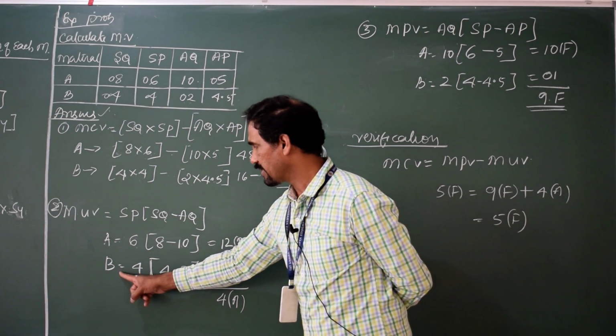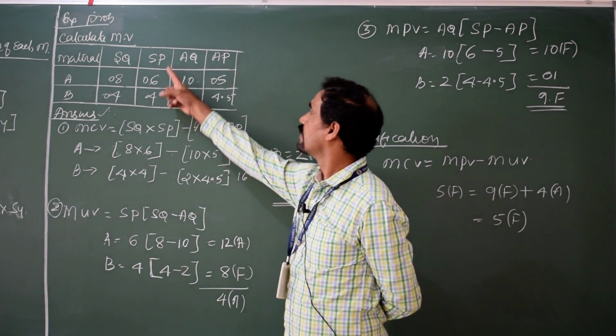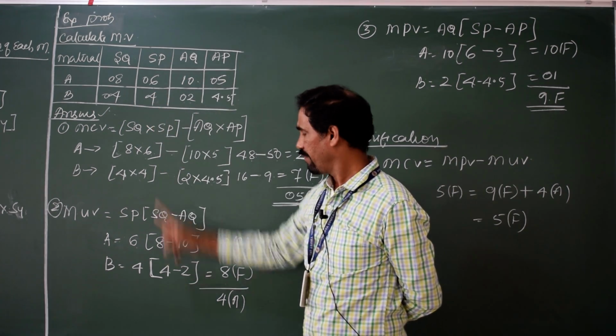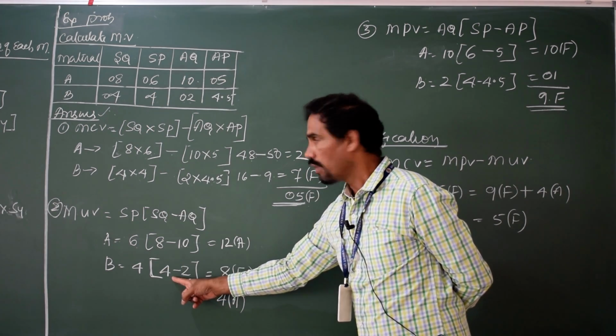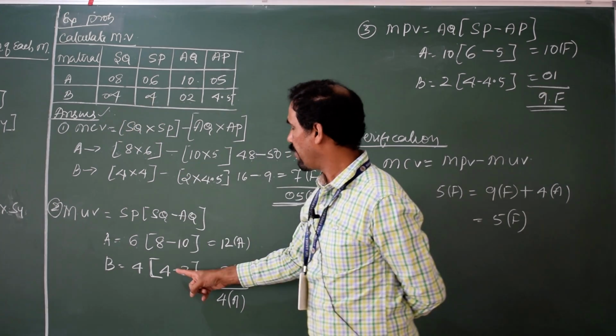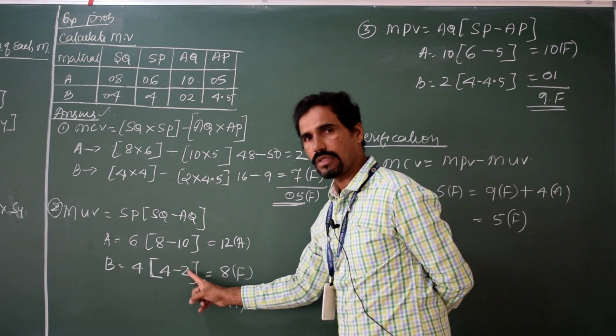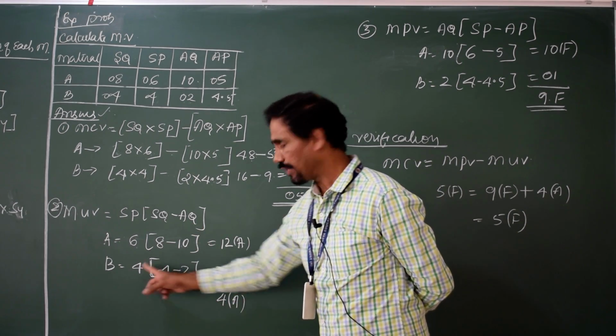B, same process. Standard price is given, 4 rupees, into standard quantity 4 minus actual quantity 2. 4 minus 2 equals 2 into 4, 8.